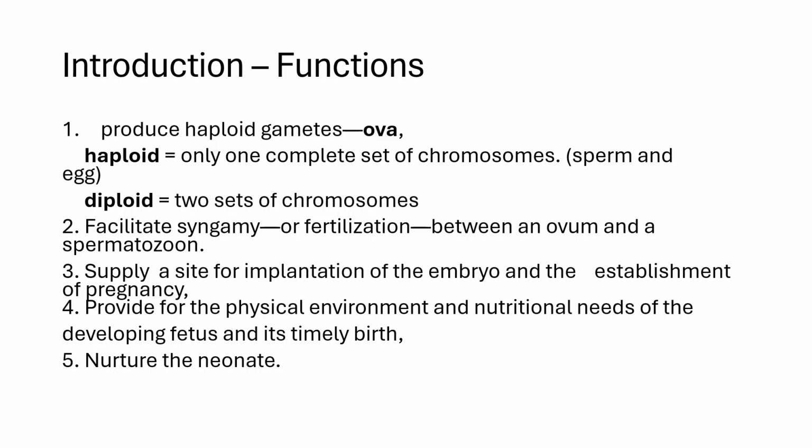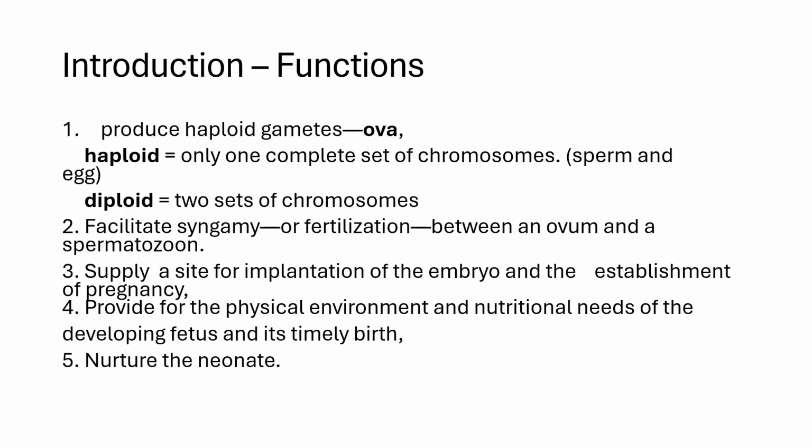Haploid means that it only has one complete set of chromosomes. In this case, the only cells in our body that are haploid are the sperm and the eggs, right? Now, on the other hand, the term diploid means that it has two sets of chromosomes, right? One from the father and one from the mother, which is for the rest of our cells.